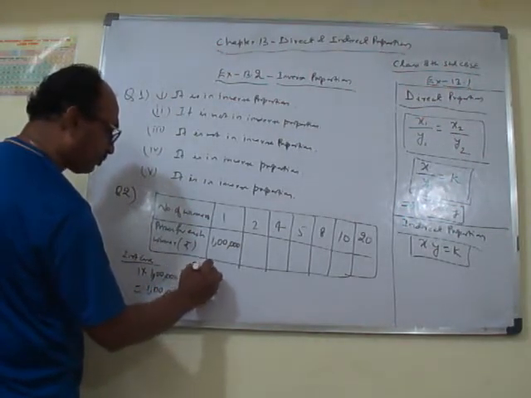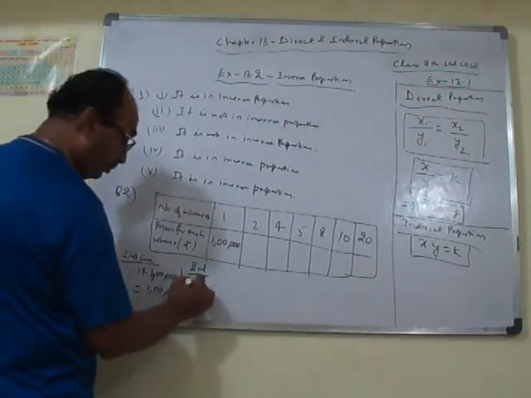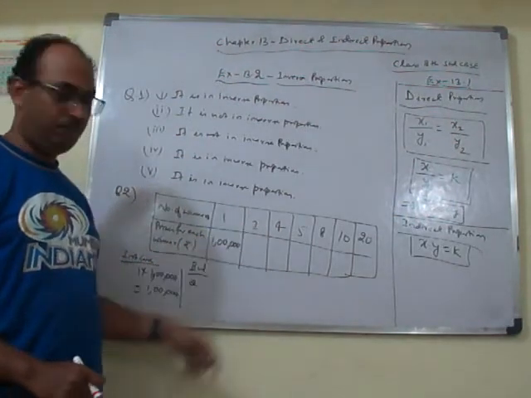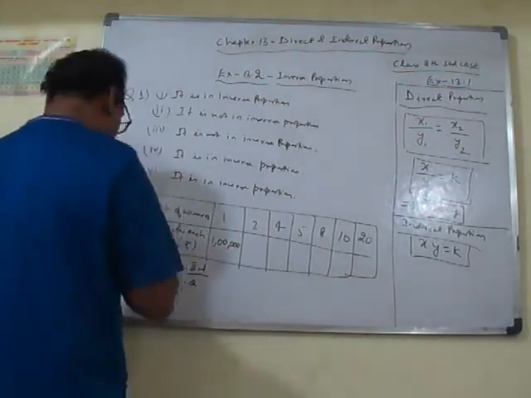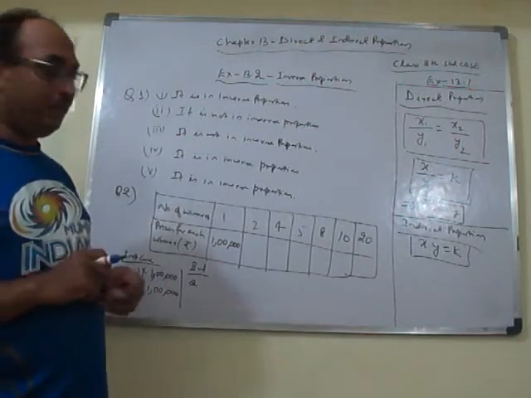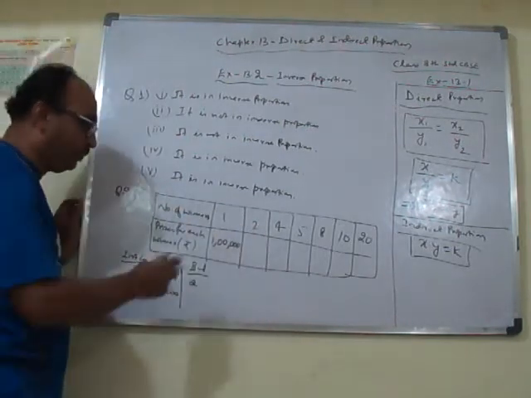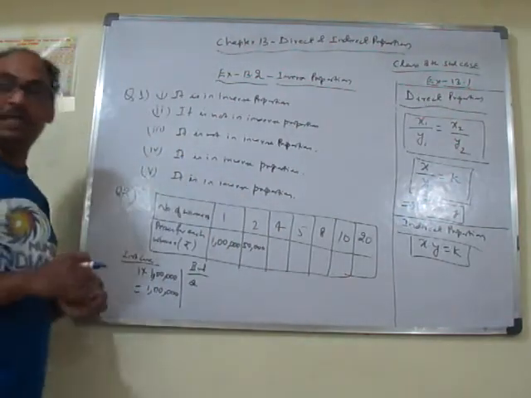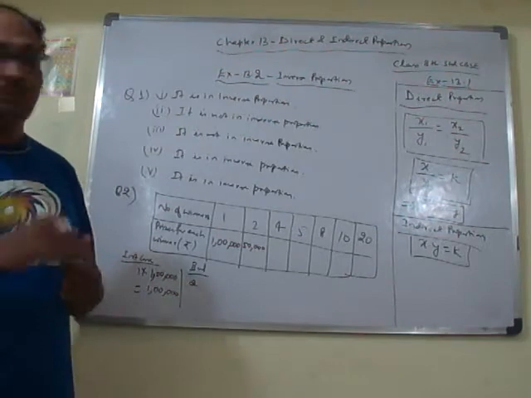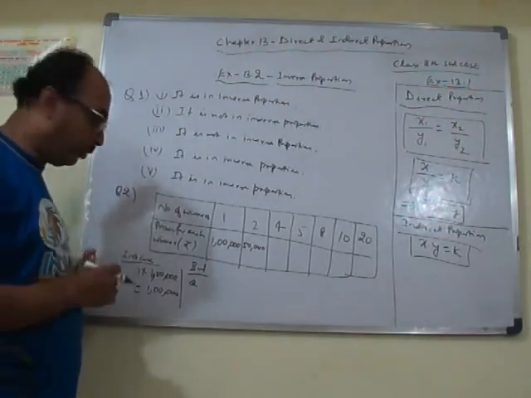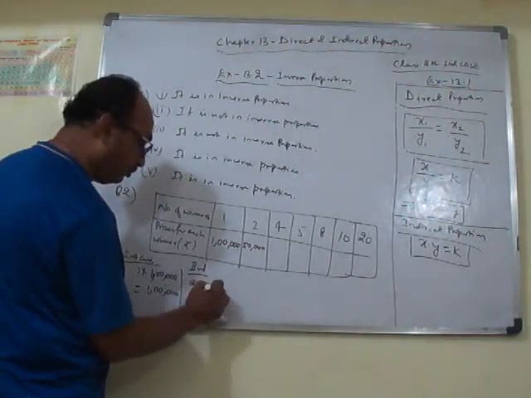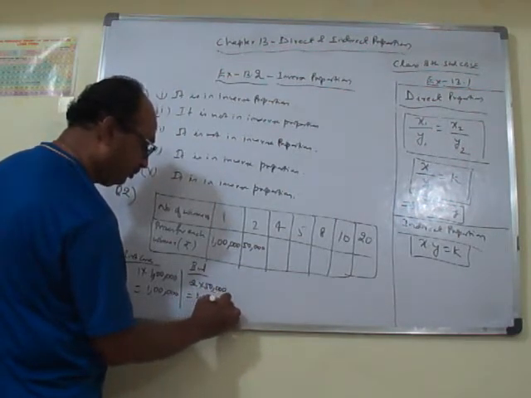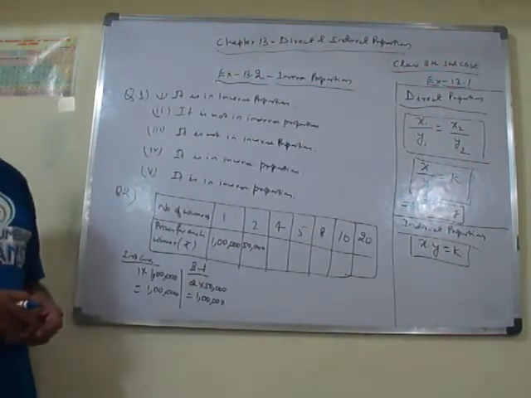Second case, when there will be 2 prize winners, the prize money gets divided into 2, so 50,000. So 2 into 50,000, again it will become 1 lakh.